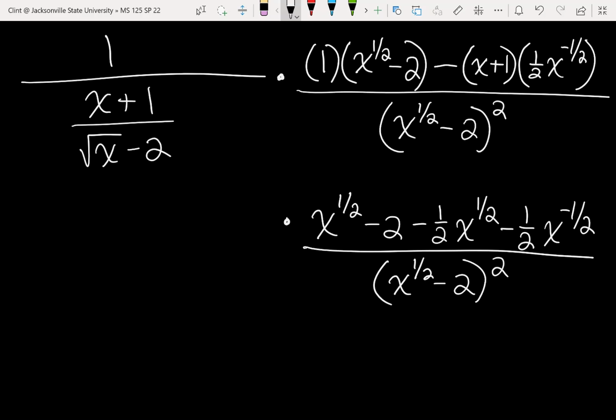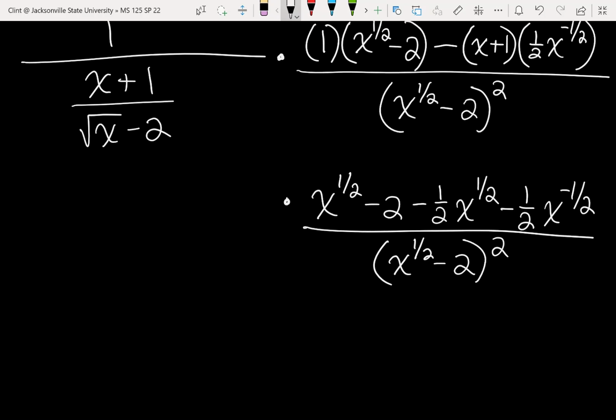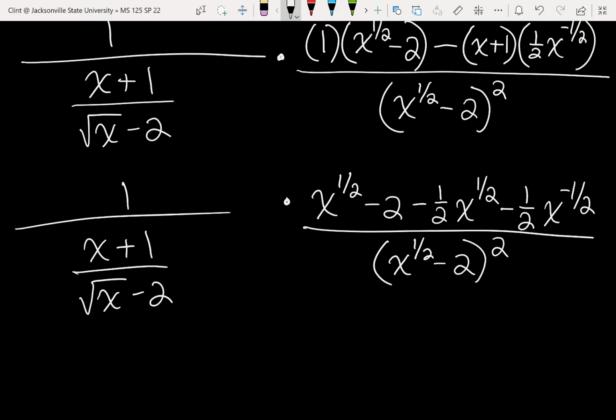Did that help us? Let me copy this part. Because on the top, we get x to the 1/2 minus 2 minus x to the 1/2, one's positive, one's negative over there, right?